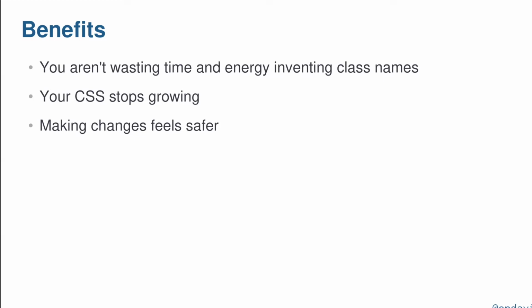The CSS stops growing. Every time you add some new components to your site or add a new page, you're not going to start writing a load of new CSS to go along with that page, because we're reusing the existing classes that Tailwind gives us.